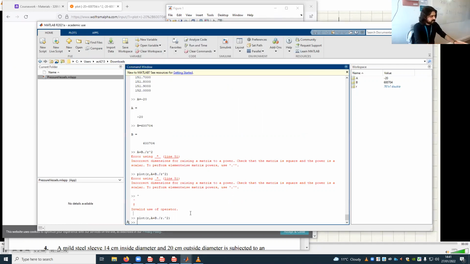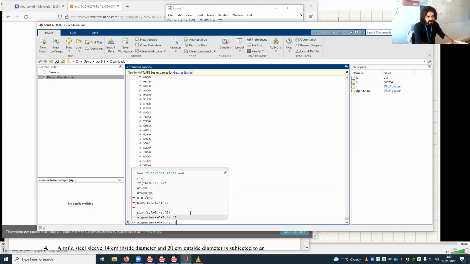I can do this. Well, let me do this for sigma theta equals A plus B divided by R squared. This is capital A. And the square must be like this. And if I do sigma R equals A minus B divided by R squared, I get this.